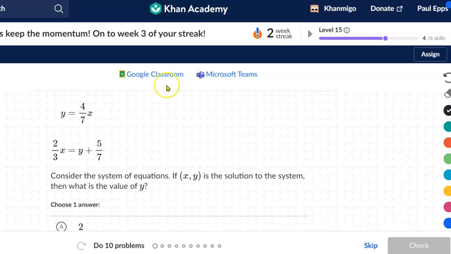So looking at this first equation, y equals 4/7 x, we could say that 7/4 y equals x. Just multiply both sides times 7/4.